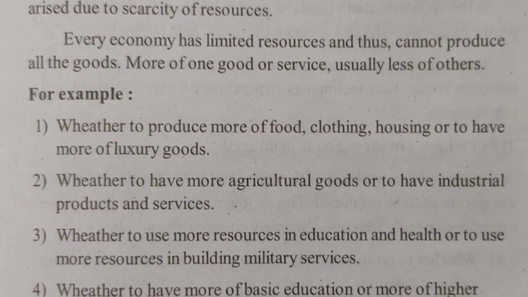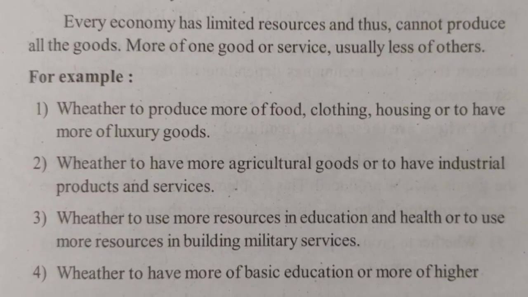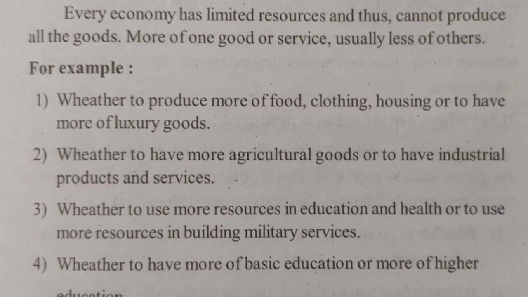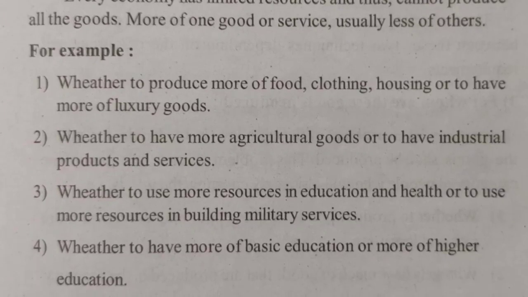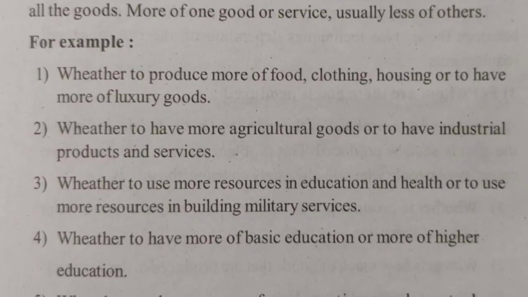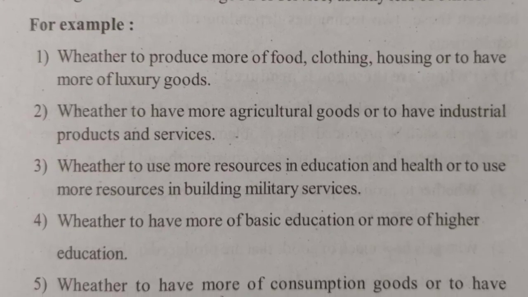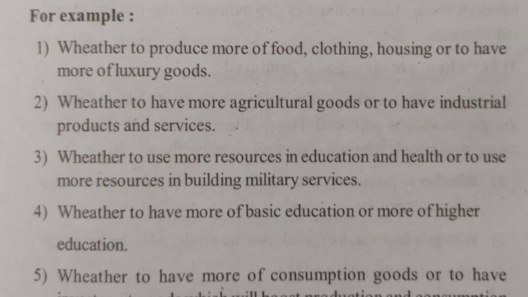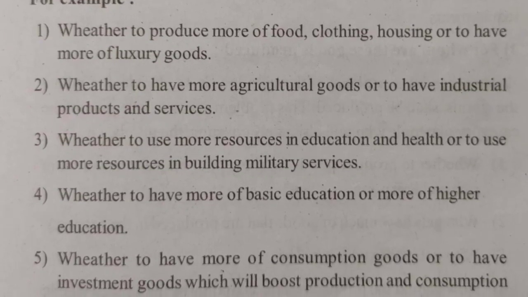In the first point, you have only the choice: what you will produce, how you will produce, and when you will produce. Whether to have more basic education or more higher education, you have to decide that. That is also a product that we have produced.